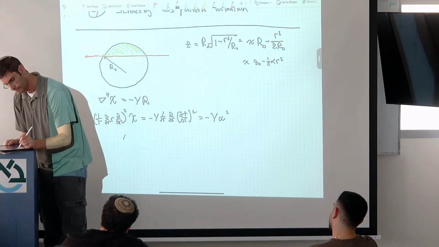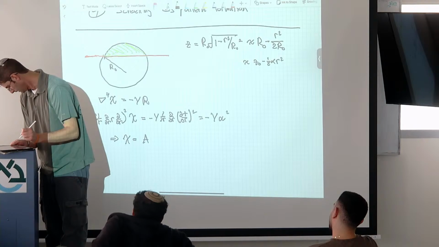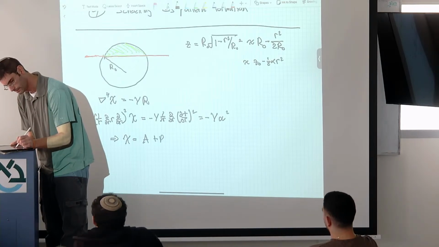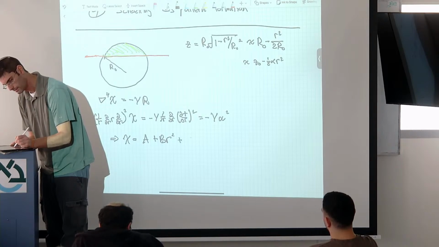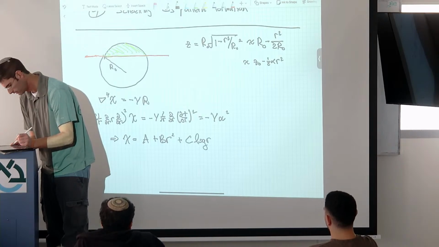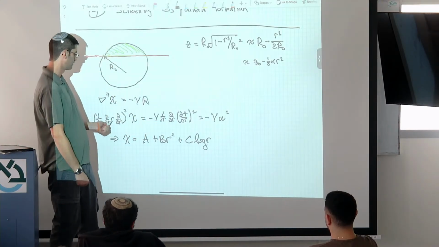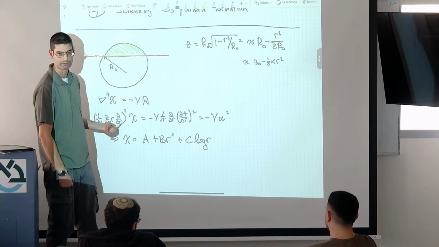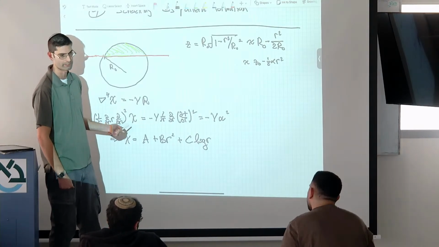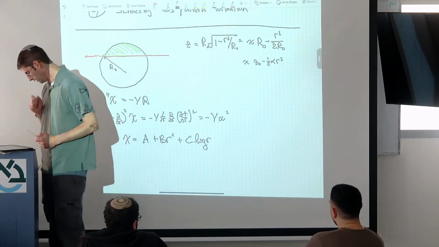Chi is equal to some constant a plus b r squared plus c log r. Log r, I remind you, is the homogeneous singular solution of the Laplacian, right? That's the one where you take the Laplacian and you get the delta function. So take Laplacian squared, you get a horrible delta function.